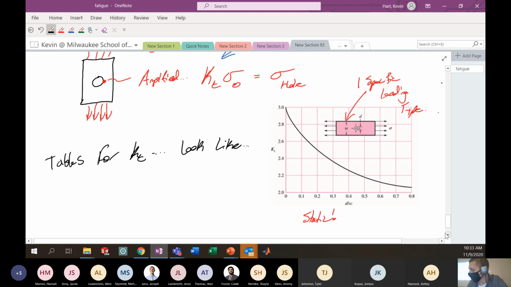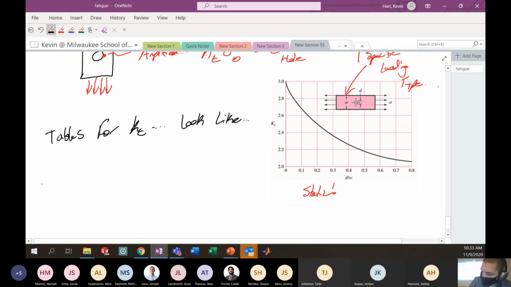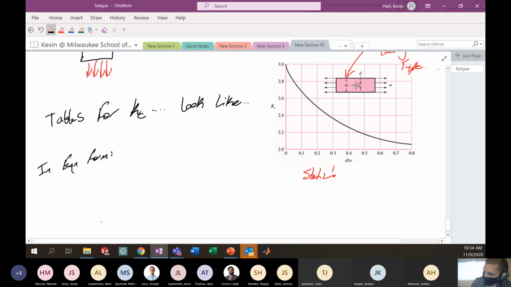Generally, what this looks like equation-wise is KT is whatever the maximum value is around your amplified stress region, so sigma max over sigma naught, where sigma naught is the far field applied stress.